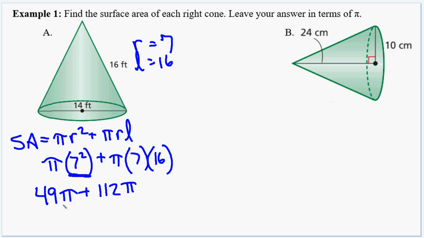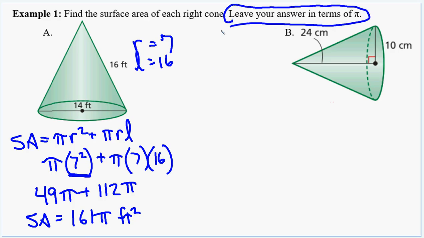We add those together and get our surface area is 161 pi. Our units would be feet squared. Notice here in the directions it does say leave your answer in terms of pi. So there's our answer in terms of pi, 161 pi feet squared.